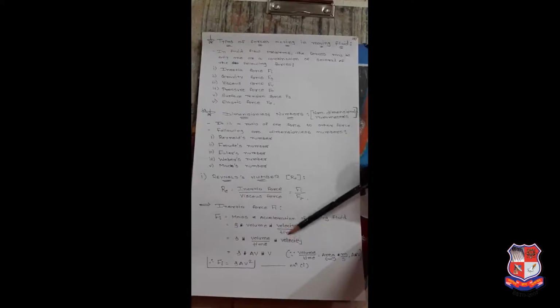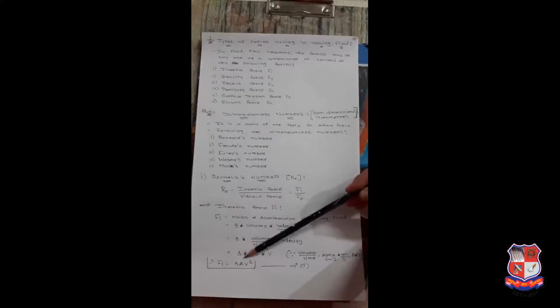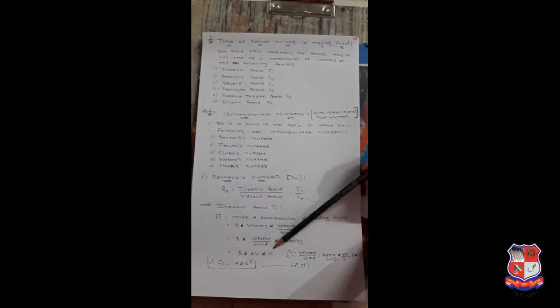So we get rho into volume by time into velocity. Volume by time can be written as area into meter per second. Meter per second means velocity. So volume by time can be written as area into velocity. So inertia force is equal to rho A V square.